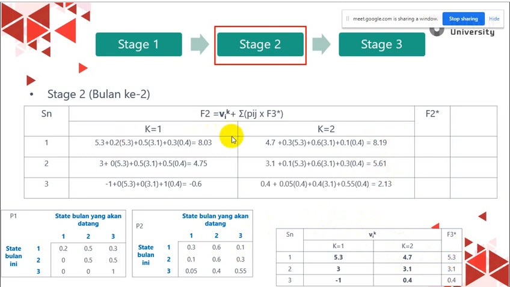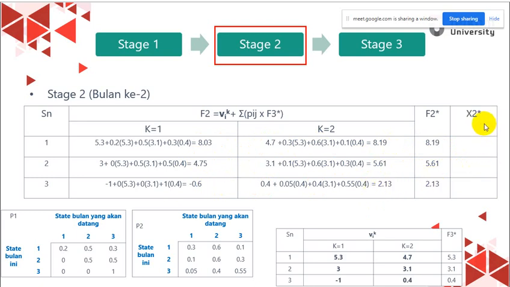And then after that, we continue, we have this result, and then we compare it again. And then we understand that the optimum value will be 8.19, and then we compare this number, it will be 5.61, and then we compare this number, it will be 2.13.